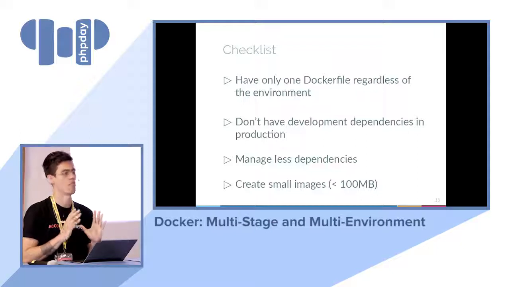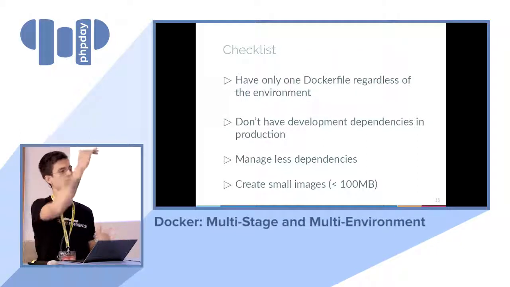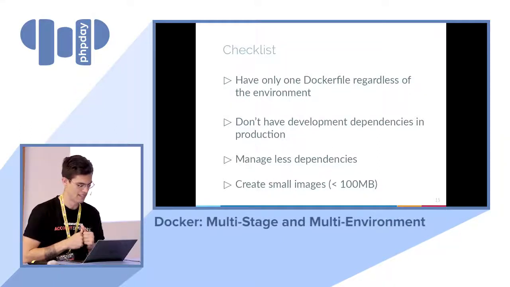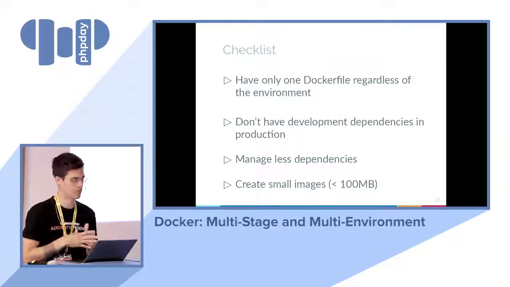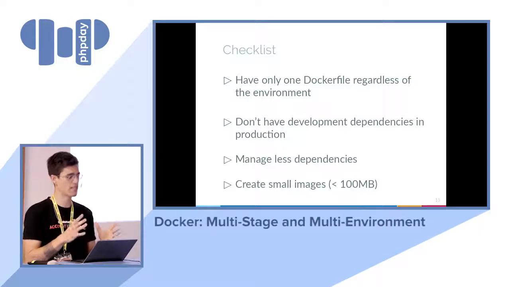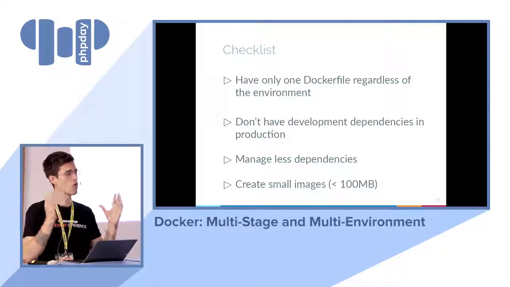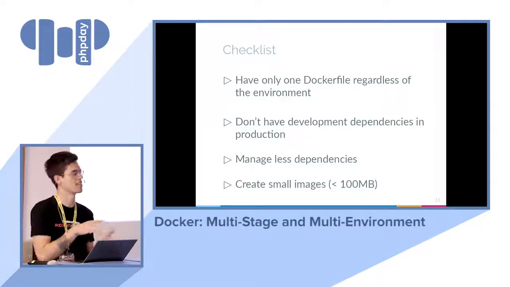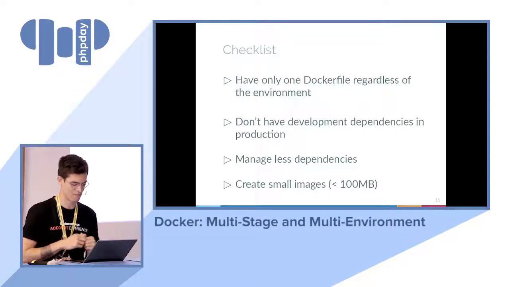Then it will be possible for me to clearly see my dependencies. I don't want to put development dependencies in production. I want to manage fewer dependencies, which means I want to install only what is necessary. And I want to create small images because small is good. We know that. Small is good.